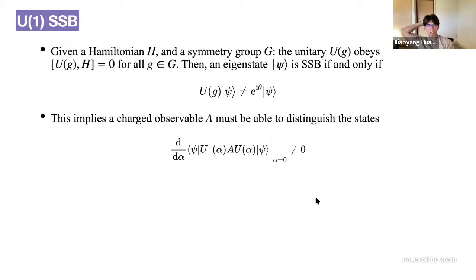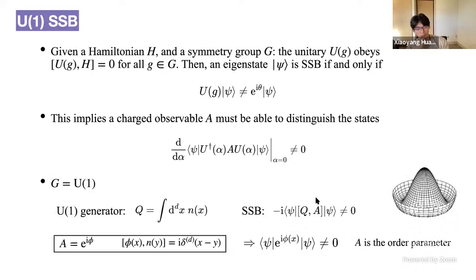So this condition implies that if you want to probe a system with some charged observable, which by charge I mean it changes under conjugation by the unitary transformations of your group, then you can deduce that the following quantity is not zero because your state breaks the symmetry.